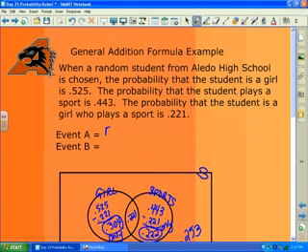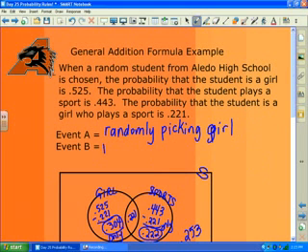I shouldn't have said event, but randomly picking a what? A girl, and then what would the other event be? Good. Randomly picking someone in sports.